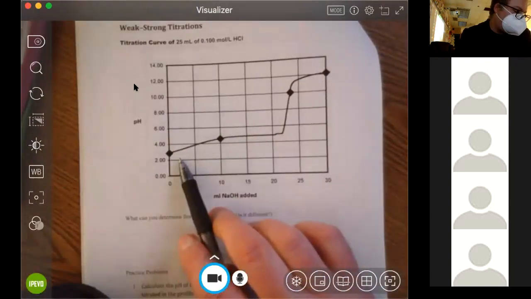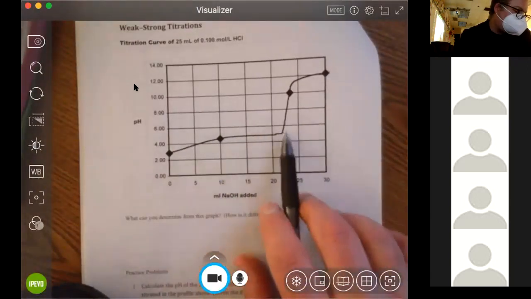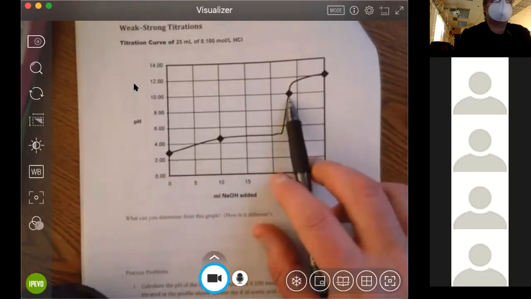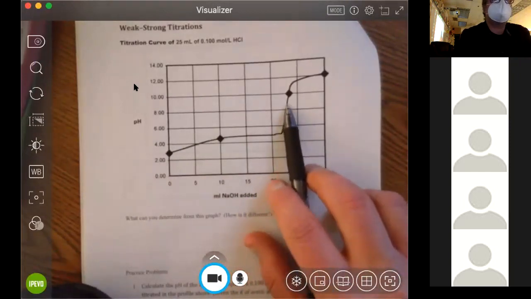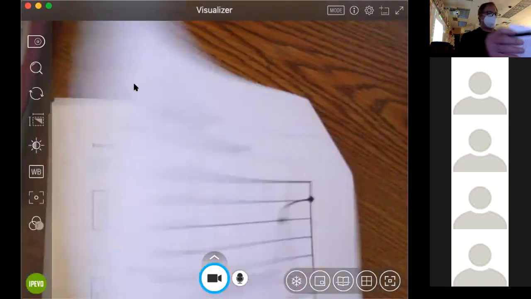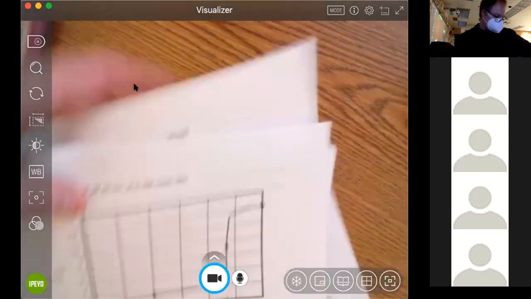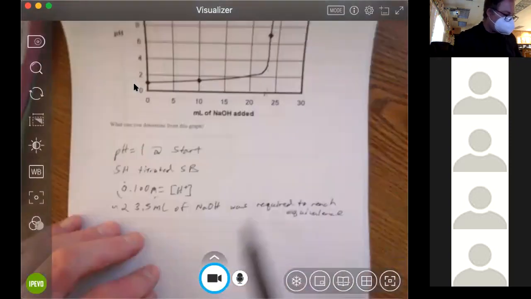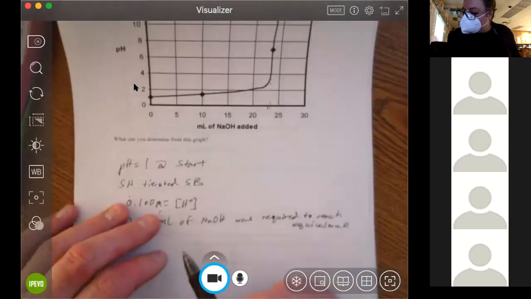If you take a look, our equivalence point here is actually a pH of 10. And that's what we're going to start talking about on Tuesday. But let's make sure we hash out the rest of this strong acid, strong base one. We got that.